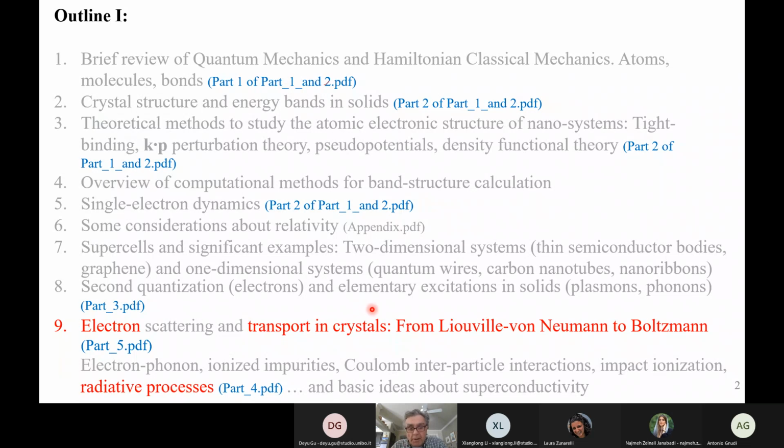You cannot derive it, but at least I would like to show how one can go from quantum statistical mechanics, so a quantum description of our crystal and electrons in our crystal, to this semi-classical transport equation.